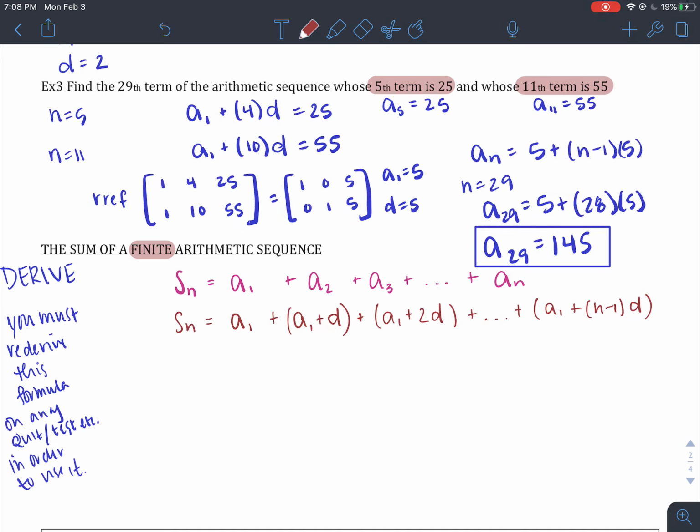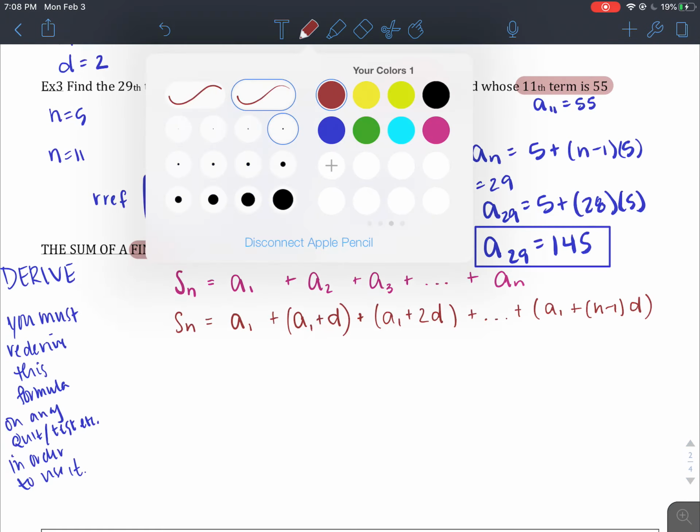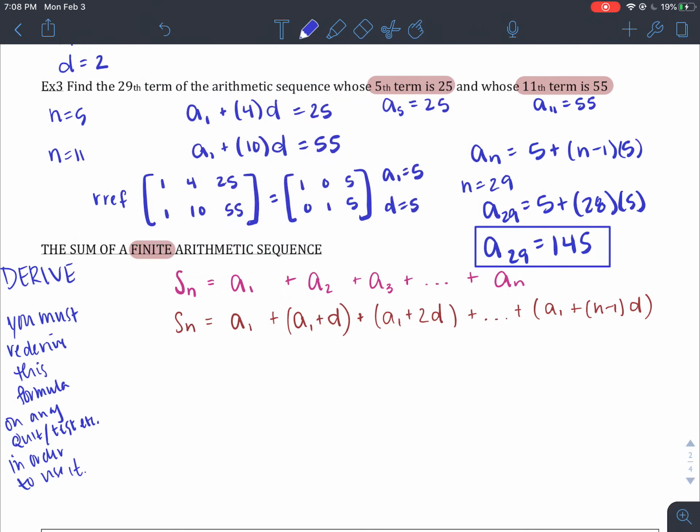Okay, so we're doing this. I'm going to write out my S sub n formula another way. I'm going to do some blues. I'm going to take that partial sum and rewrite it, using the fact that when I add, it does not matter the order that I add my numbers in.